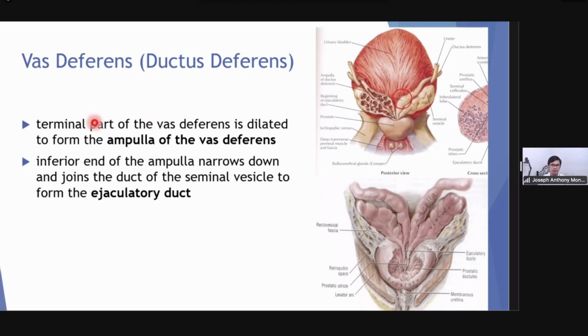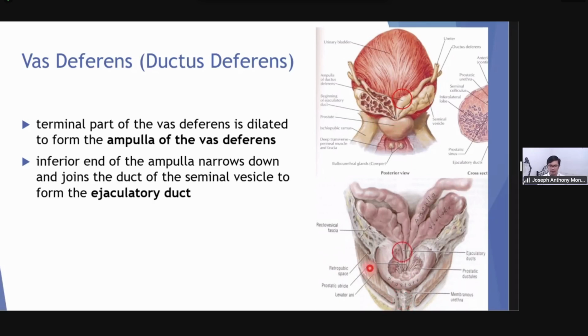The terminal part of your vas deferens is dilated to form the ampulla of the vas deferens. You have to take note that the ampulla of the vas deferens is paired. You can see it on the left side as well as the right side, same as your seminal vesicle as well as your ejaculatory duct.